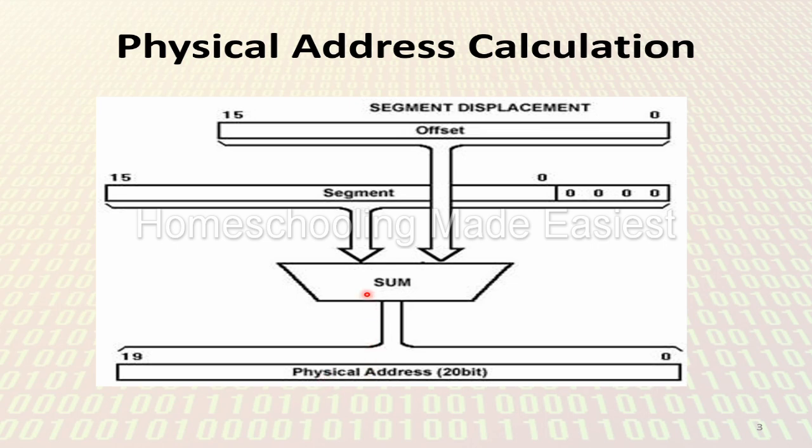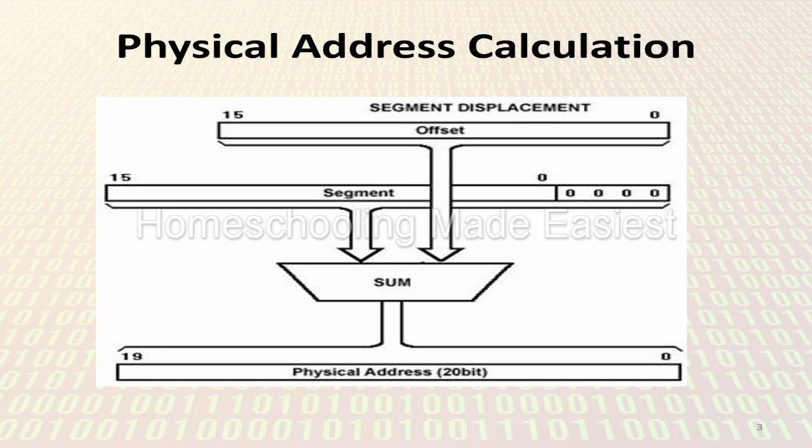So please take note, we have to know these two: the offset of that item, or the logical address of that item, and the address of that memory segment where that item resides.